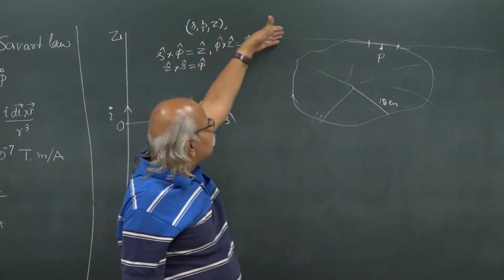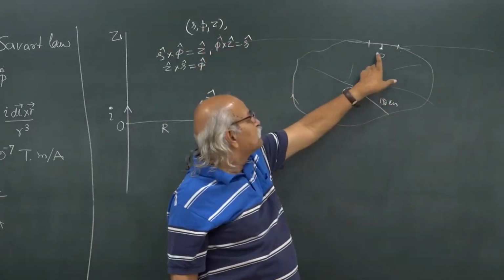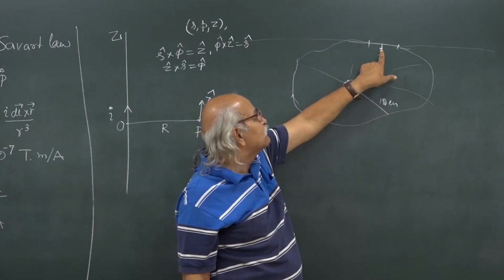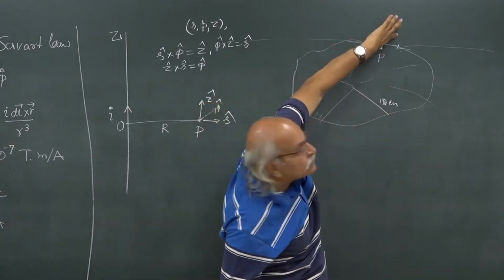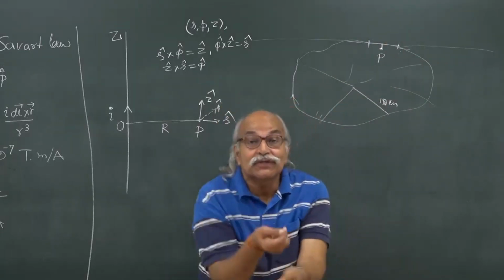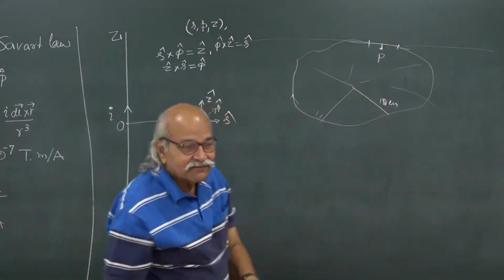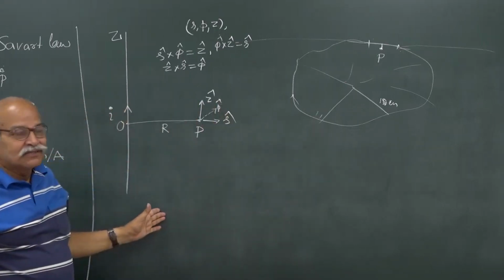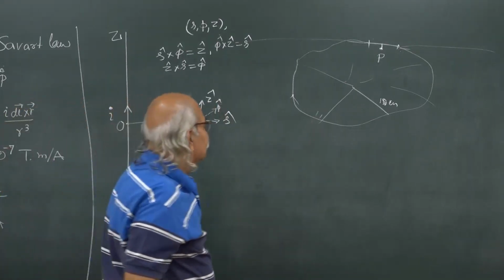If there was a current extended mentally from here to here, it would produce almost the same magnetic field as this part. So for the actual magnetic field in a circuit close to the wire, this formula will be applicable. That is the significance of this.